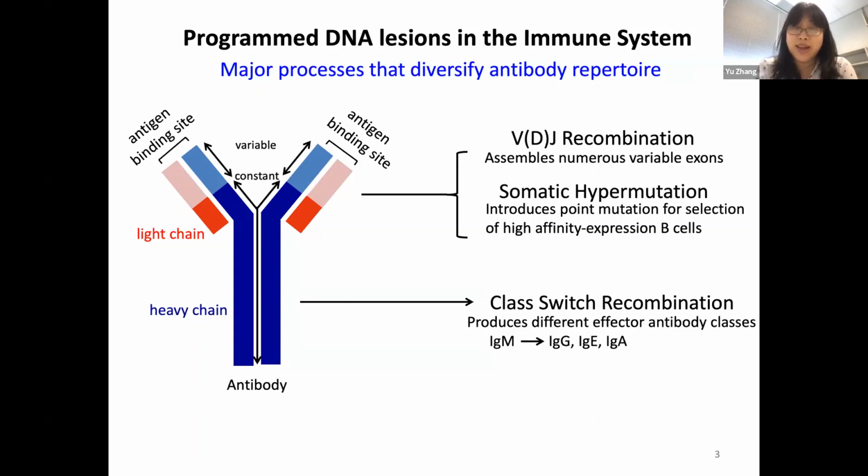This allows the selection of high affinity antibody-expressing B cells. A third process is called class-switch recombination that also occurs in mature B cells upon activation. It changes the isotypes or classes of the heavy chains and therefore produces the proper effector functions for each antigenic challenge.